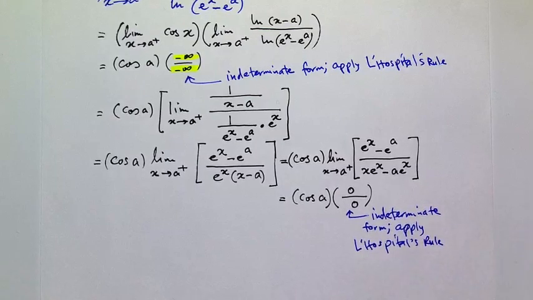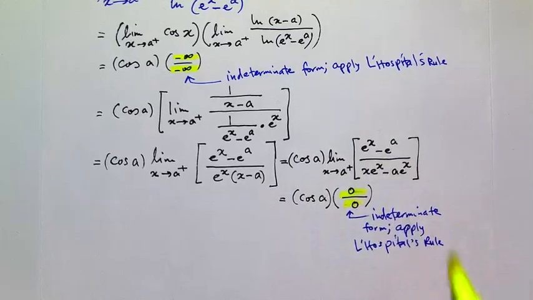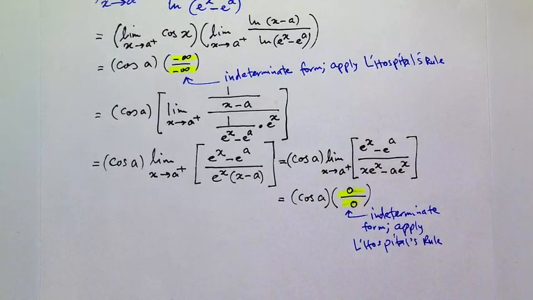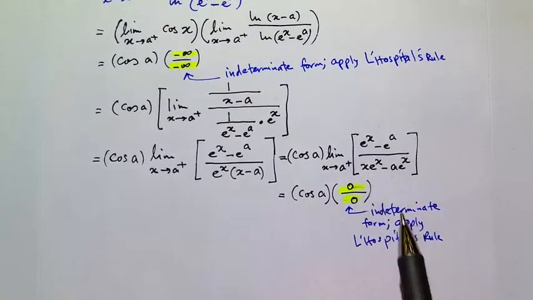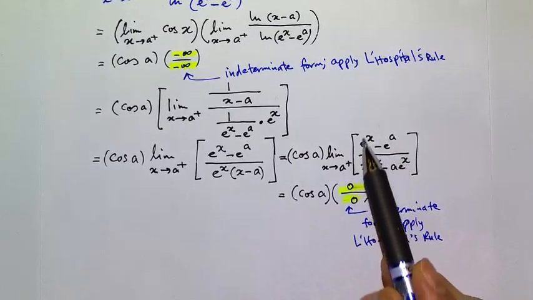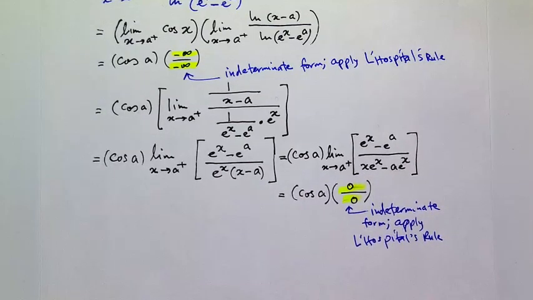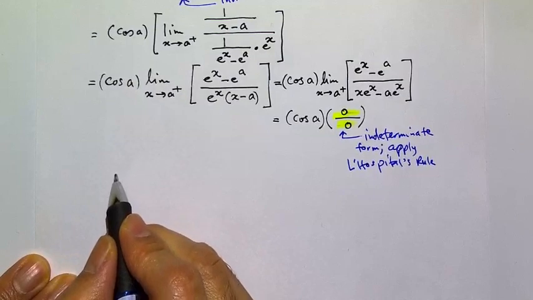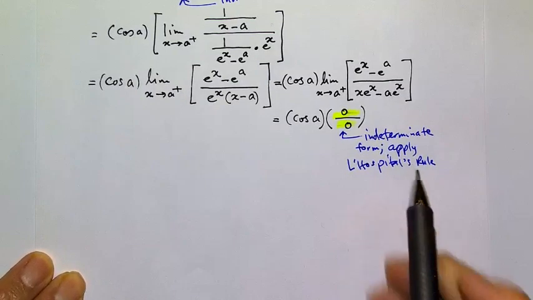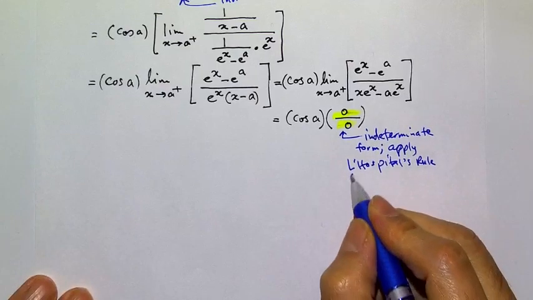And this is the second time we're going to do that. This time we're going to apply the L'Hopital rule to this piece, and we're going to leave this alone. So, apply L'Hopital rule for a second time.